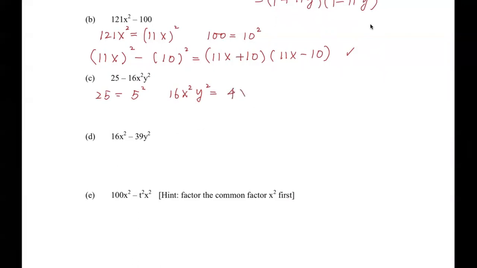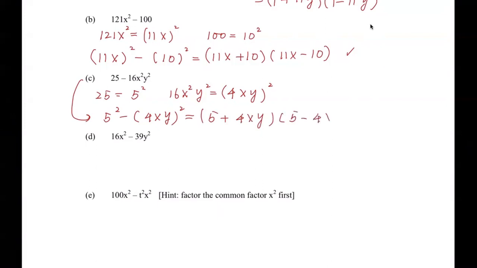So (4xy) squared, which means this expression is equal to 5 squared minus (4xy) squared. And it's equal to (5 + 4xy) times (5 − 4xy). Okay.